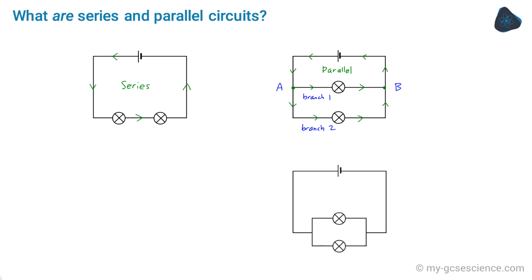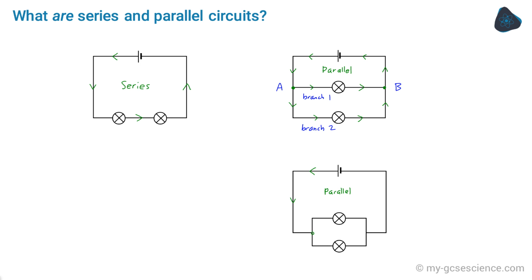Now, just in case it would happen to cause a small problem in your exam, I should also show you this little circuit here. Have a quick look. What do you think of it? Well, hopefully you'll have spotted that this circuit is parallel, because the charges have more than one path which they can follow. But did you also spot that it's completely identical to the circuit above? Let's see how. Now the charges come out of the positive end of the supply here, go down here like so.